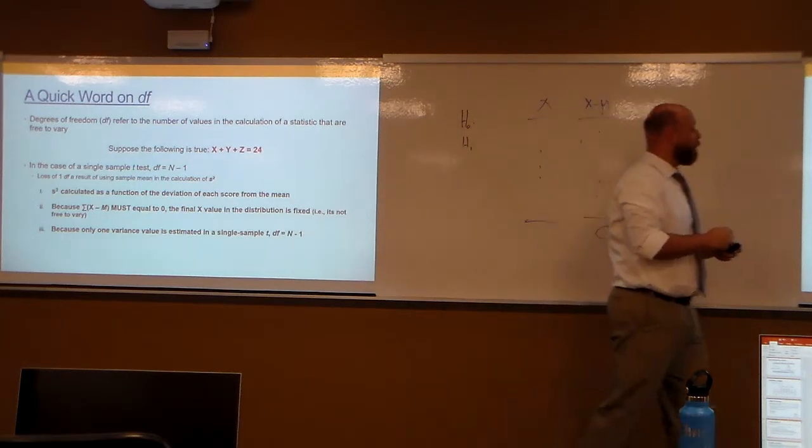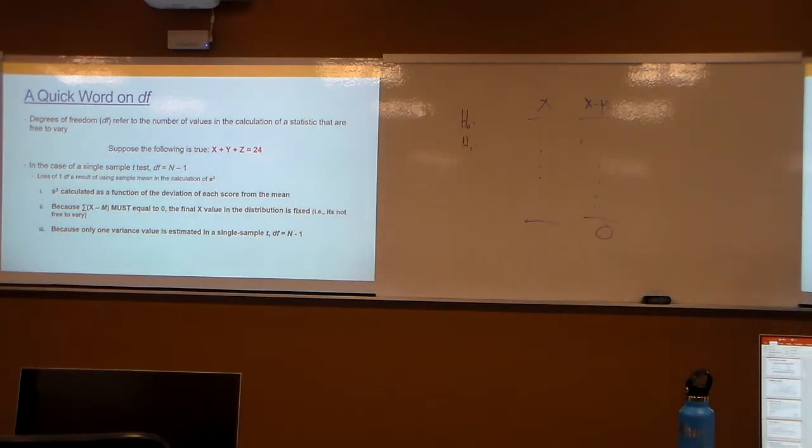Because we calculate our sample variance based on my mean, this observation could be anything it wants. This one, anything it wants, anything it wants, until we get down to the very last observation. And then it's fixed. It's no longer free to vary because we know mathematically that the sum of our deviation scores has to equal 0, right?